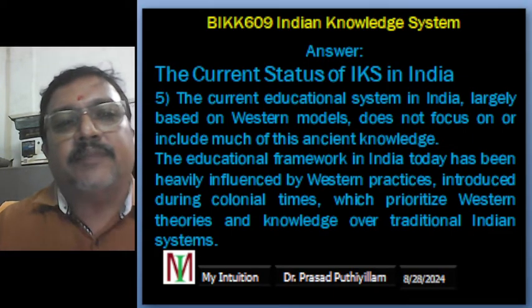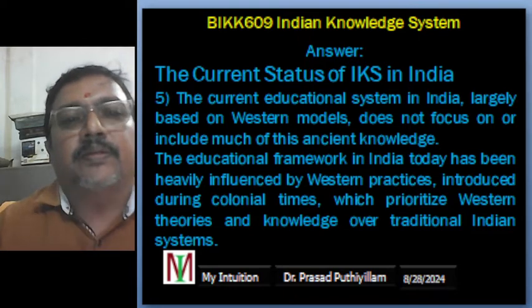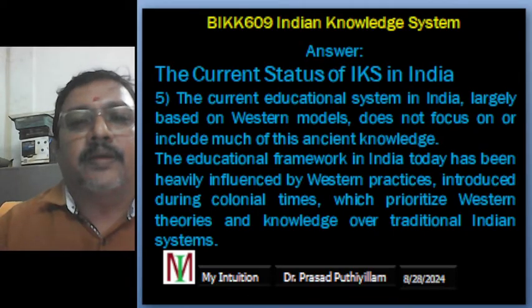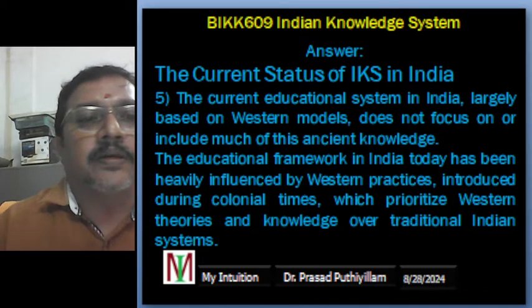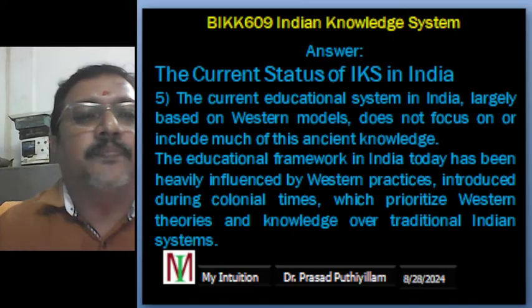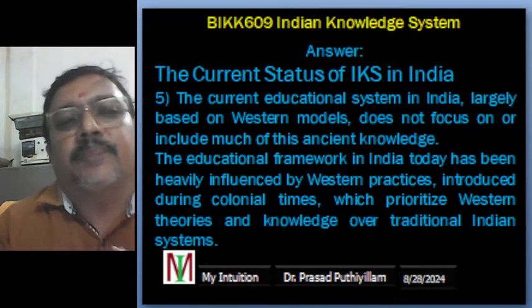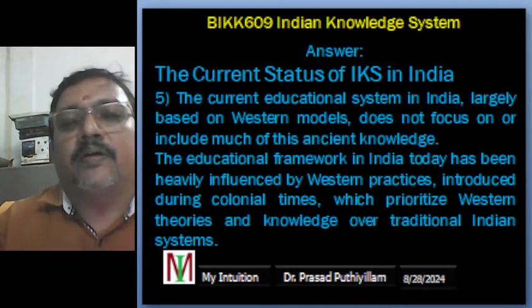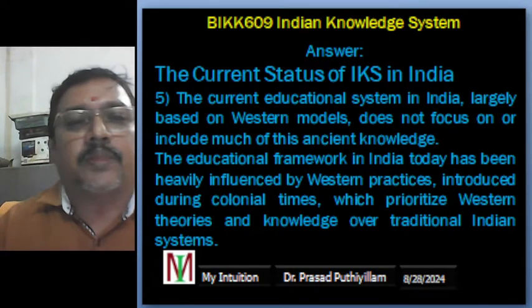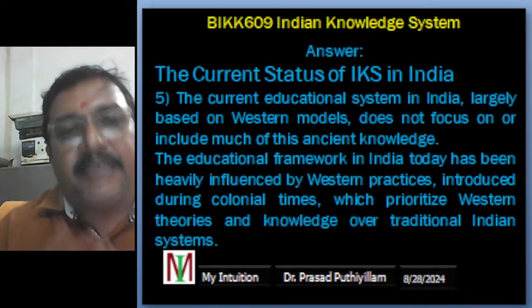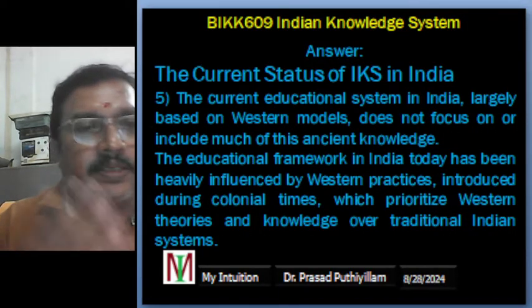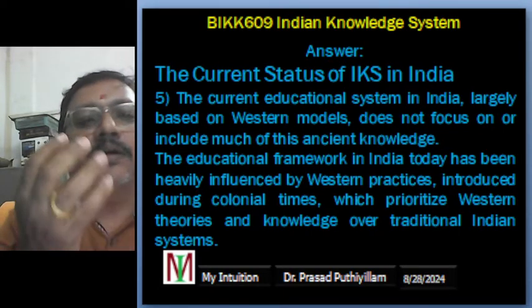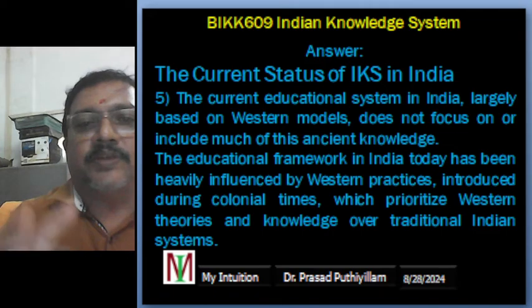This system prioritized Western science, literature and philosophy, and completely neglected the rich traditions and knowledge systems which had existed in India for many centuries. Even after India gained independence in 1947, the education system was retained. It was not changed immediately.